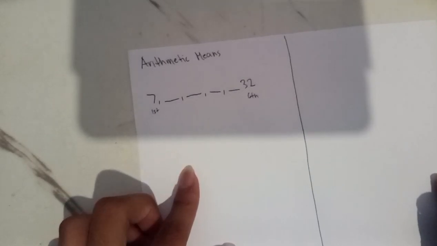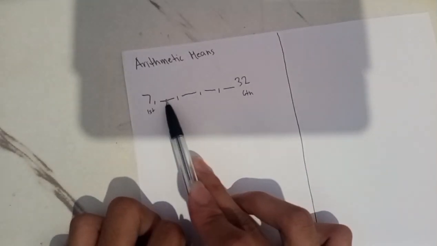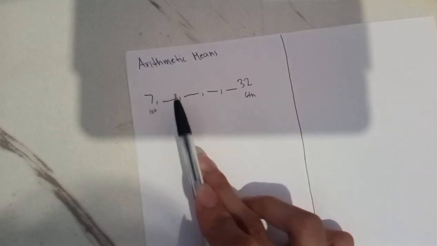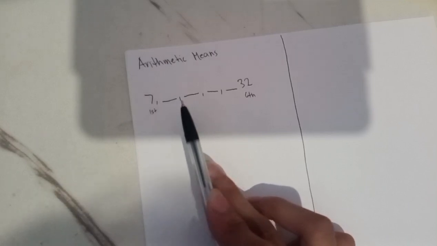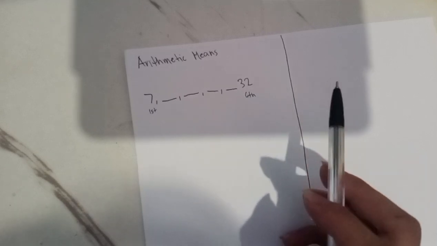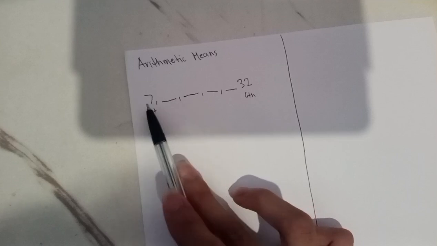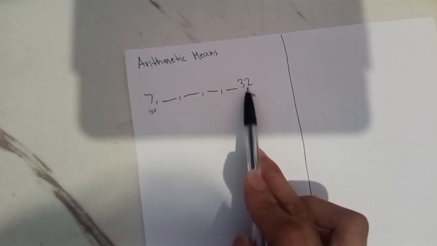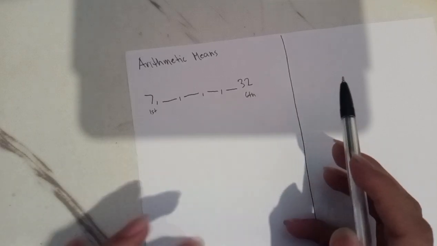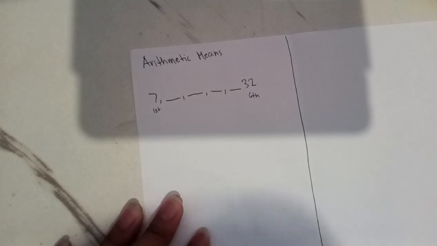Okay. So, hindi natin malalaman if ano ilalagay dito if hindi natin alam yung common difference until makapunta dito. So, we need to find the common difference para mahatid yung 7 to the 32 in the 6th position. So, hindi natin pwedeng hulaan lang.